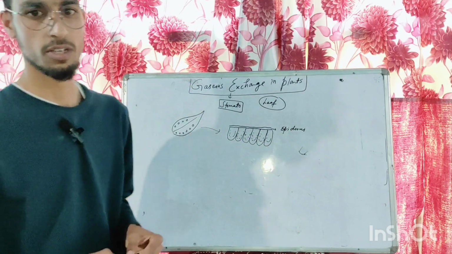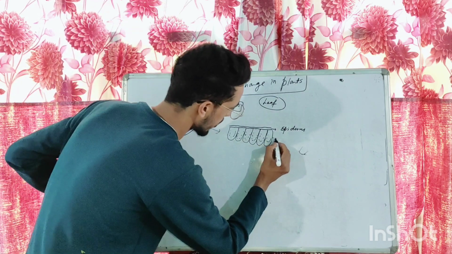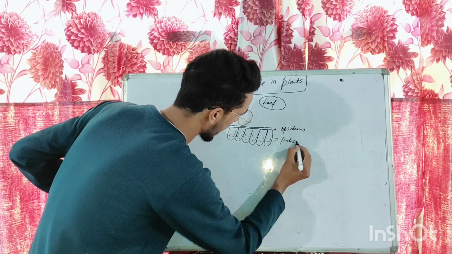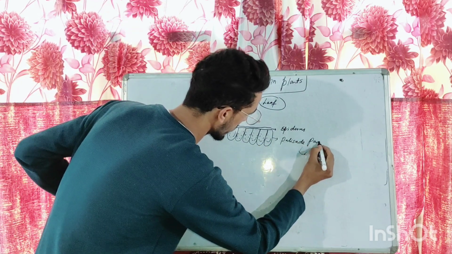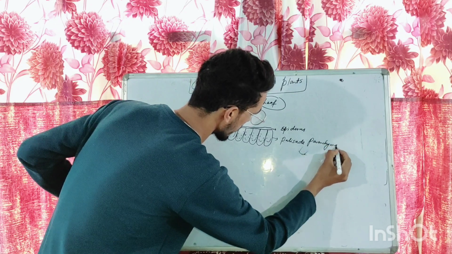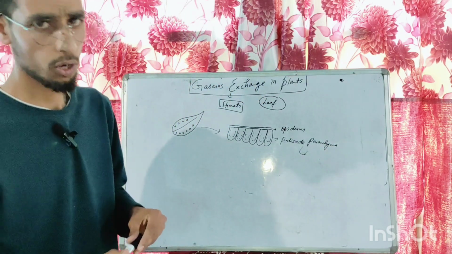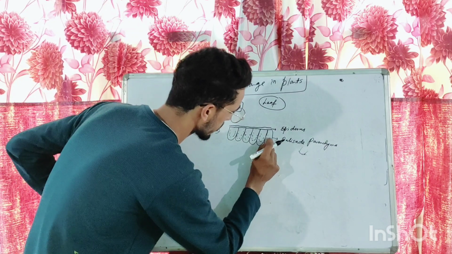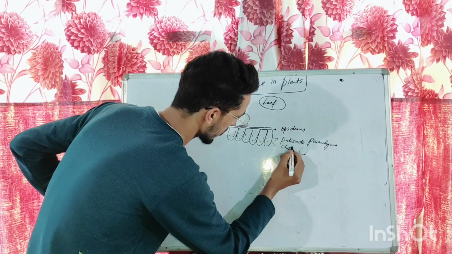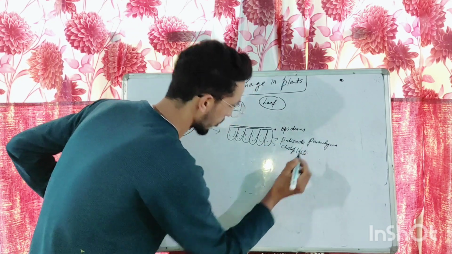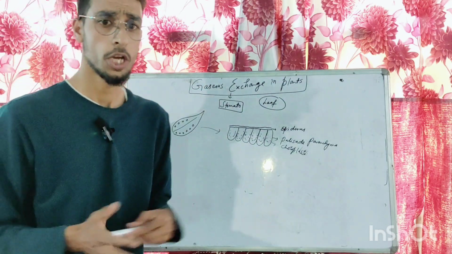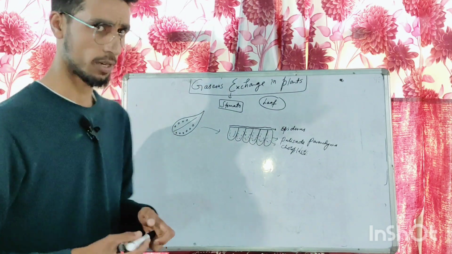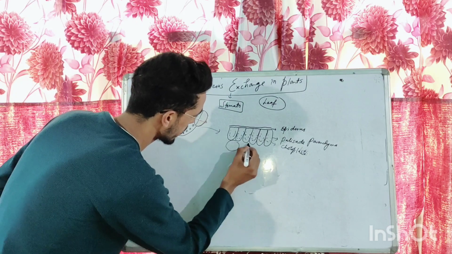This rod-like structure is called palisade parenchyma, and it contains dot-like structures called chloroplasts. Below this there are some other components.